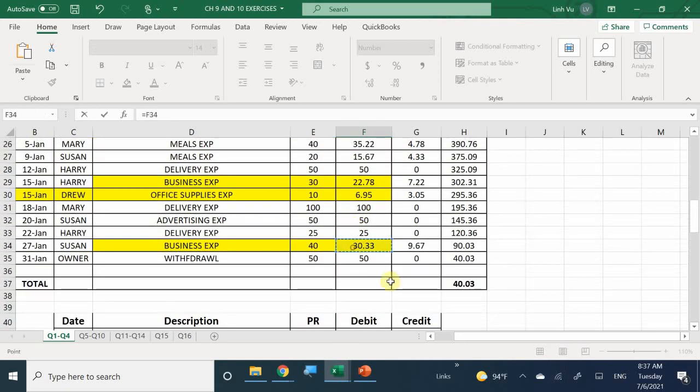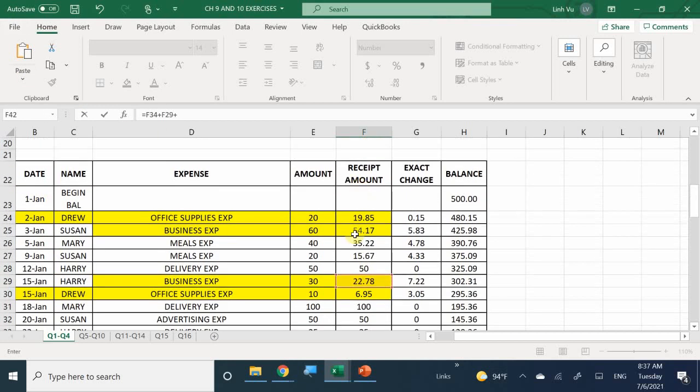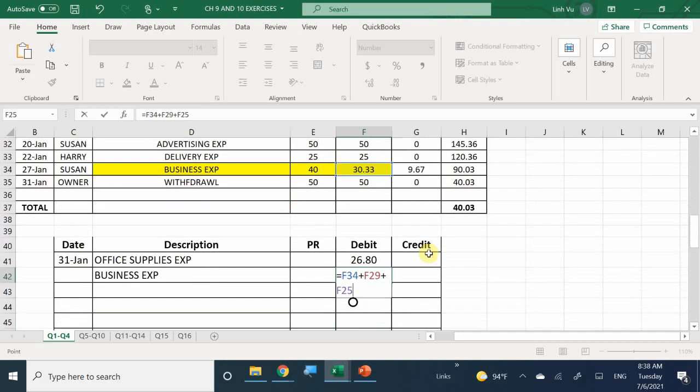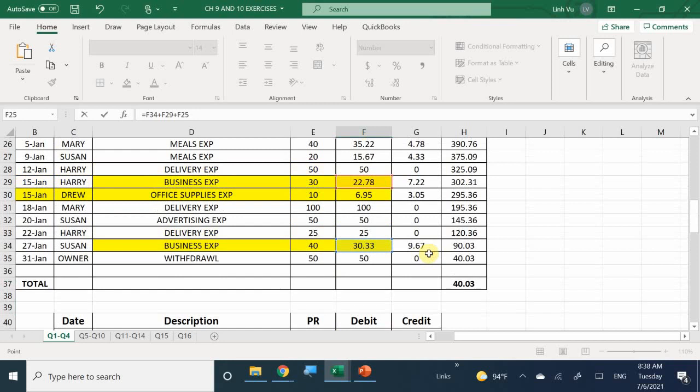So we have this one plus this business expense plus this business expense. So what's my total amount of business expenses? I got 107.28.